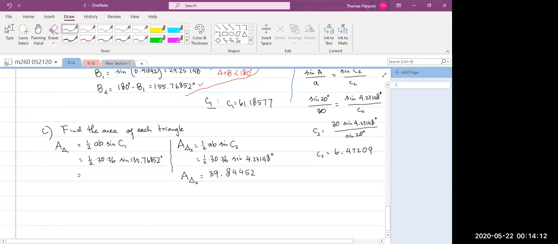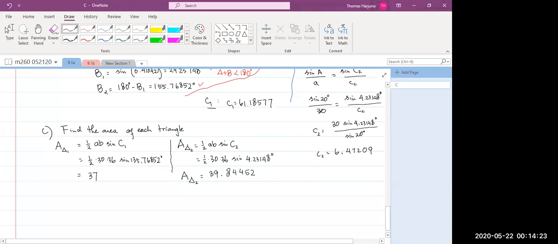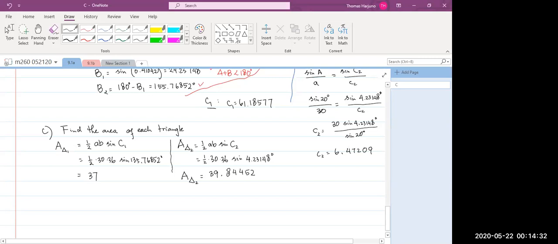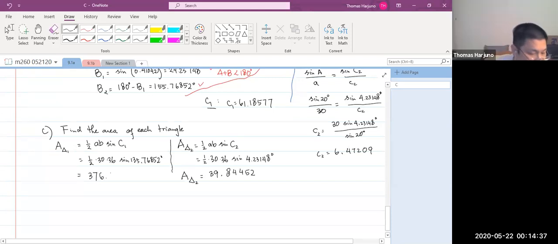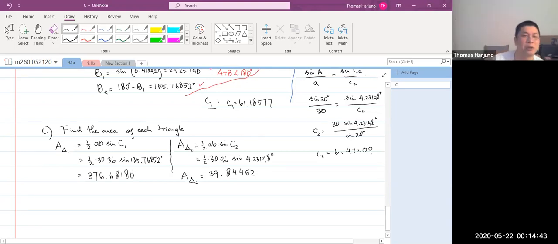I got 753.36360. Don't forget to divide by 2. Oh, divided by 2. 376.68180. Okay, good. So one lesson: don't forget to divide by 2, okay?